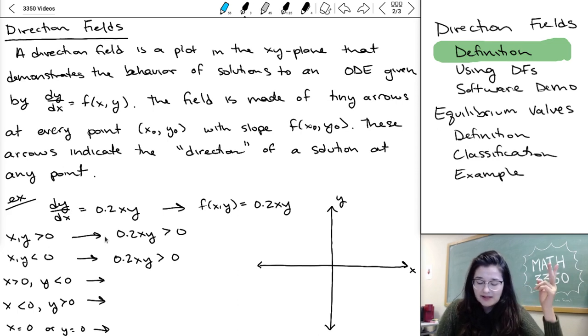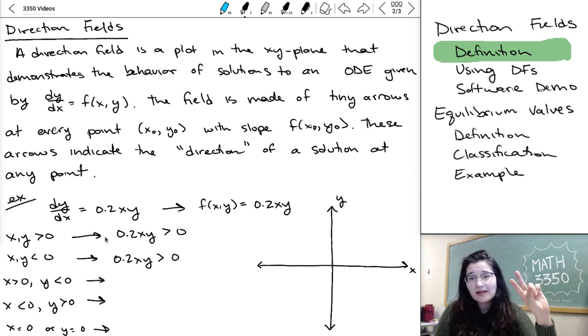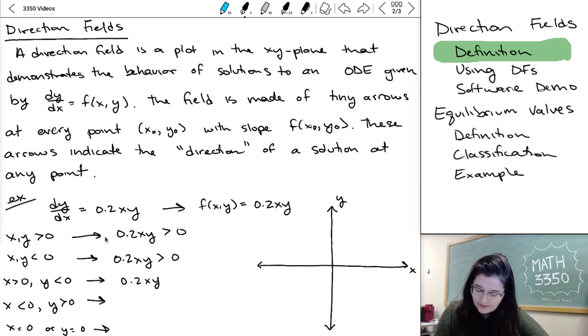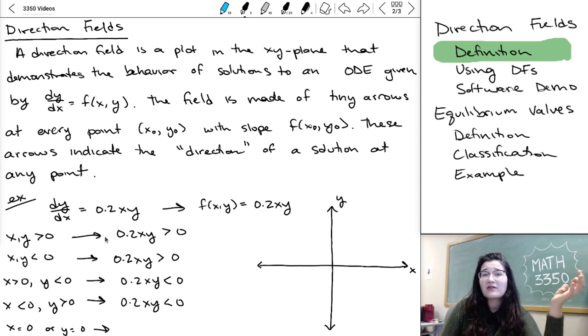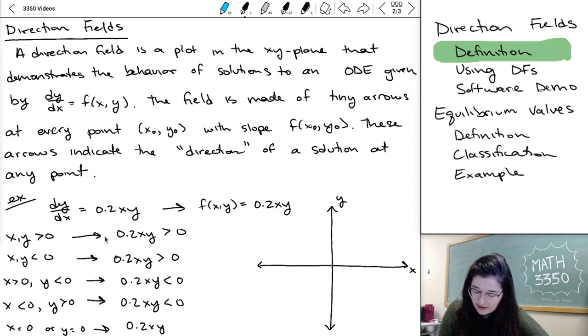If they have opposite signs, x bigger than 0 and y less than 0, or the opposite, x less than 0, y bigger than 0, I'm going to get a negative product because their signs don't match. And in the case where either x is 0 or y is 0, when I multiply the two variables together, their product is 0.